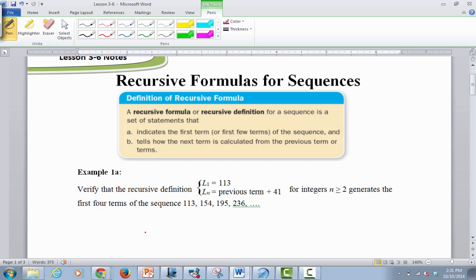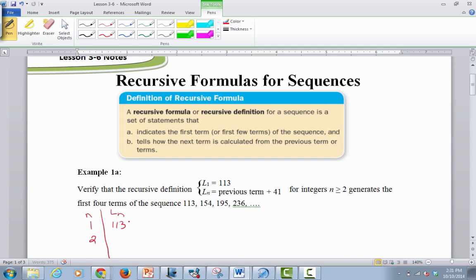So basically, if I look at this, I'm going to say n on this side, if I make a little table, and then I'm going to put L of n over here, okay? I'm going to say at 1, what was the first term that they gave us? Yep, 113. That's the very first thing.